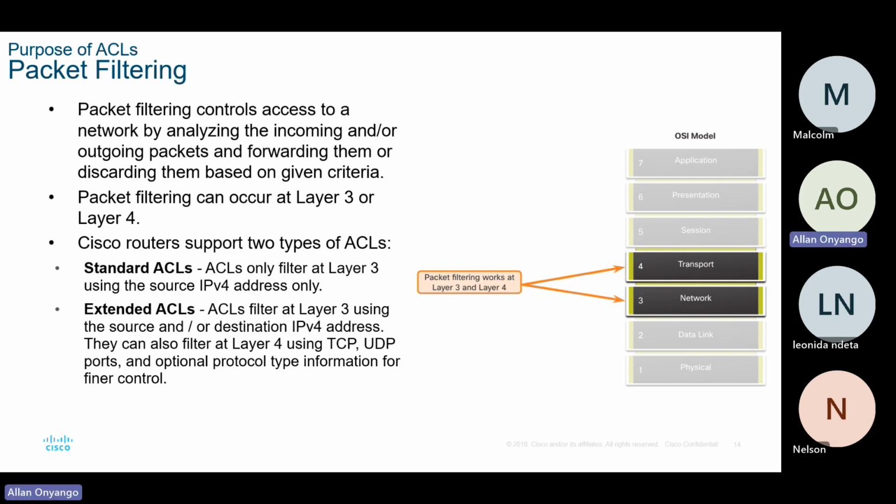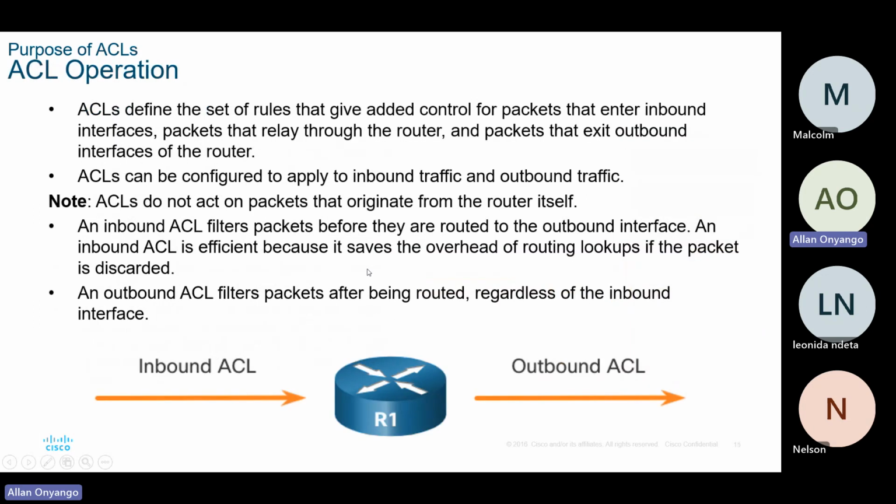But to have greater control of your network, you need extended ACLs because they filter traffic based on many parameters, including the layer 3 source and destination IP addresses, port numbers, TCP and UDP services, and protocols. ACLs normally are only applied within layer 3, which is the network layer, and layer 4, which is the transport layer.